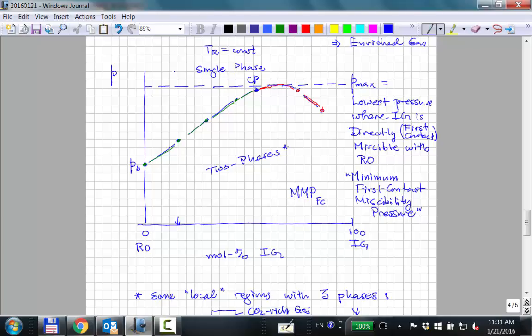Okay? How can you develop 100% recovery, miscibility, at a pressure much lower than this MMP first contact? It might even be lower than the bubble point pressure. So it's an important and it's an interesting thing, but it's kind of outside the scope of this course.